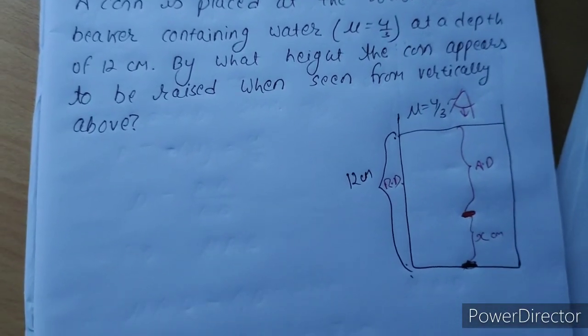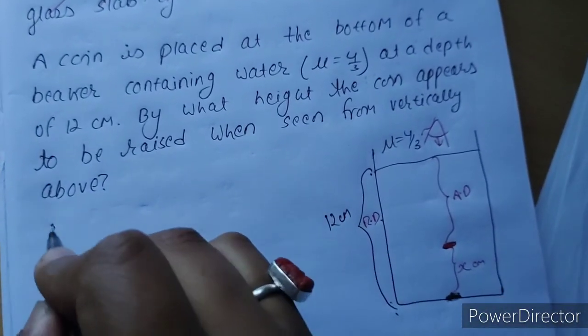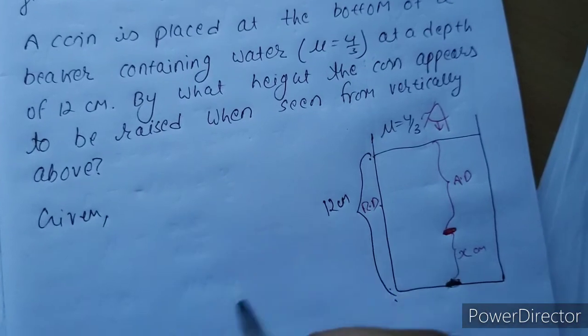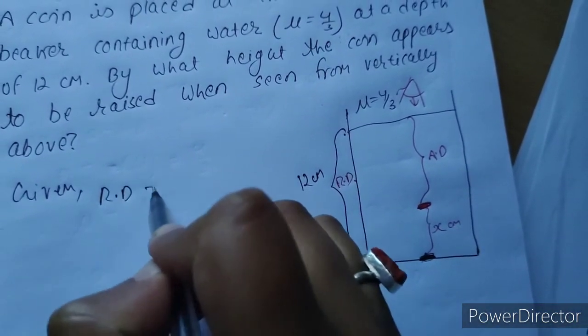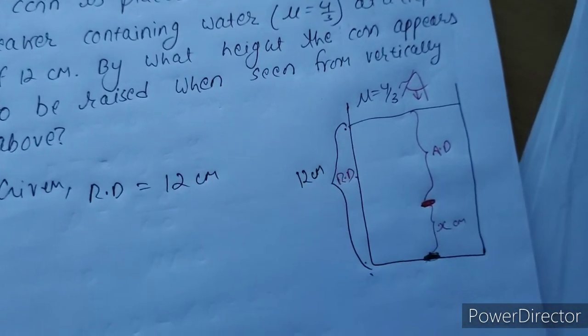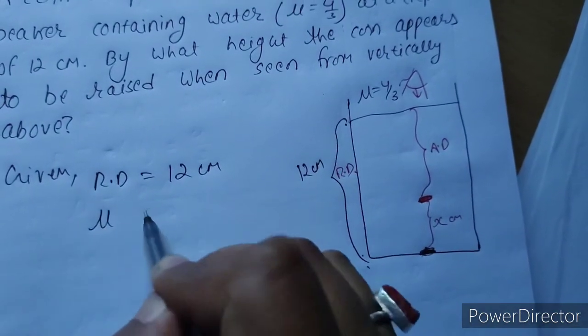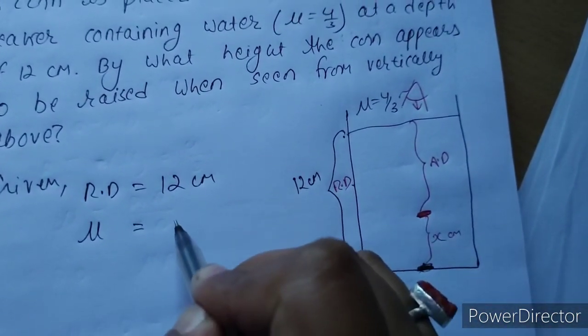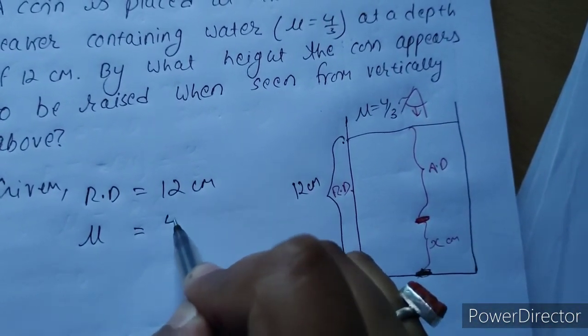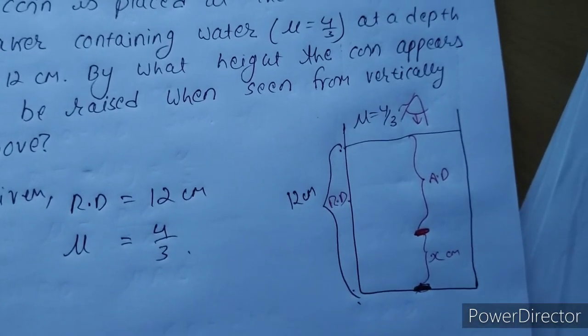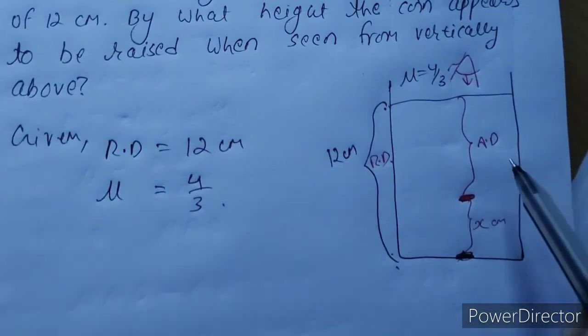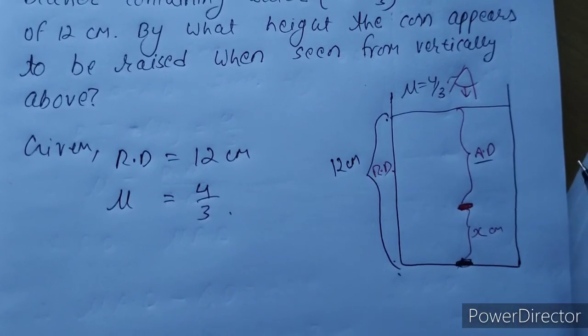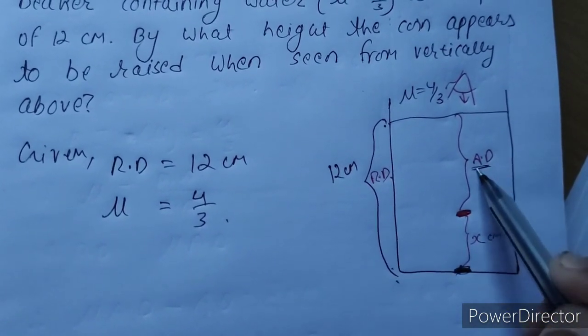Now let us go back to the question. What is given? Given real depth equals 12 centimeter and refractive index is 4/3. So first my task will be to find apparent depth.